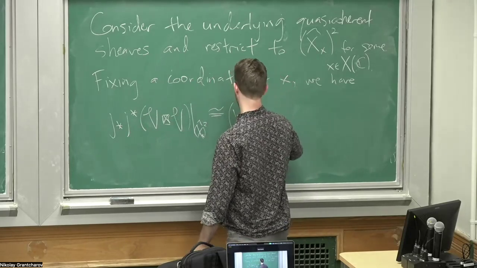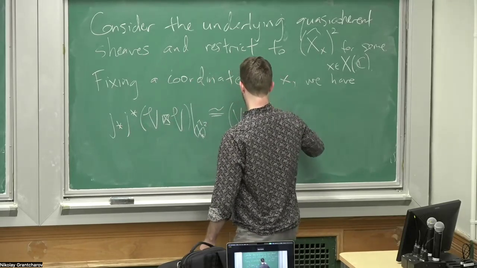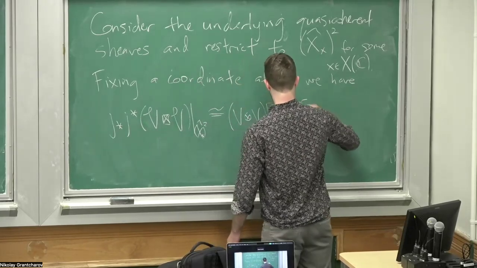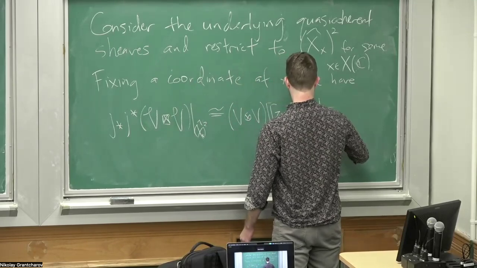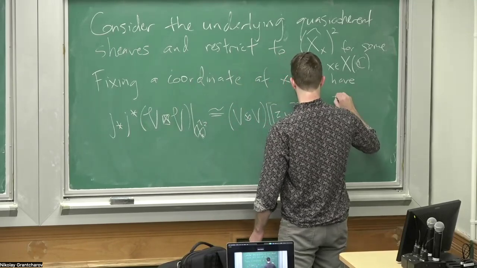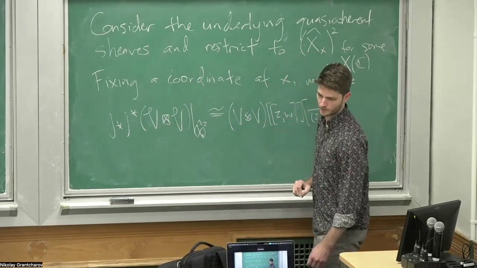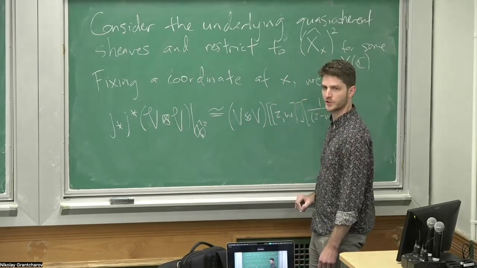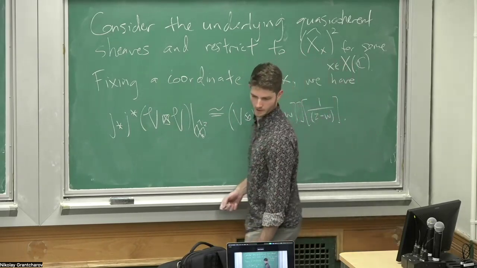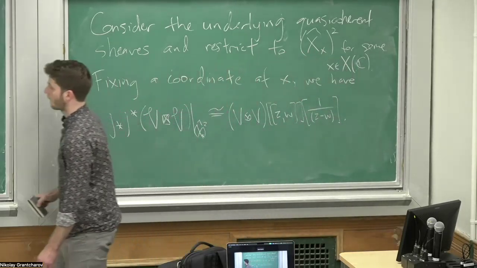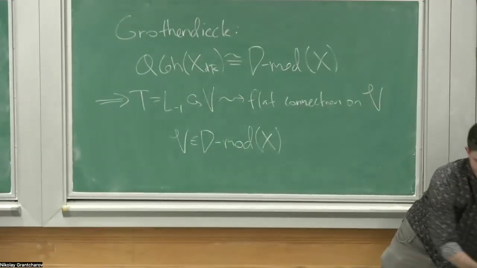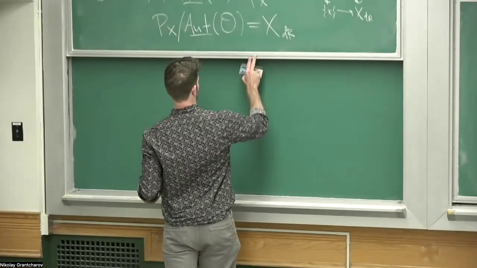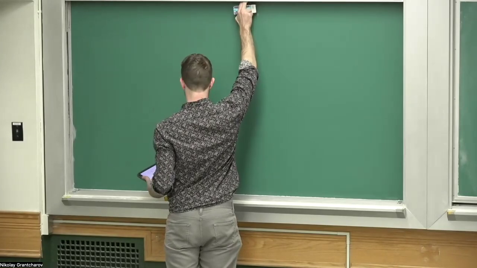It looks like V tensor V power series in two variables, but with the difference of the variables inverted. Right? That's what this j lower star, j upper star operation does. So we're getting closer to vertex algebra language.